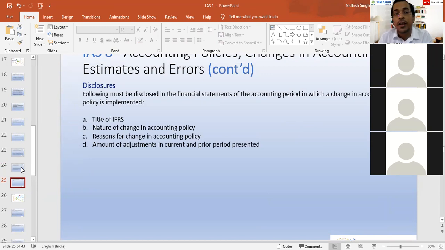It's not necessary that every time the accounting standard requires you to make the change, you have to make the changes. That's another thing to remember, because you can choose not to make those changes despite the fact that the policy is there.